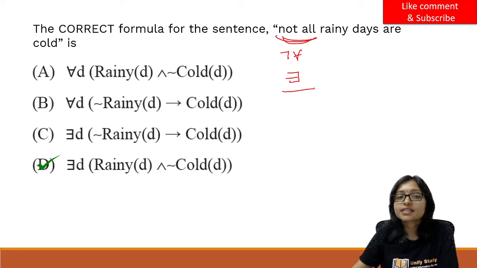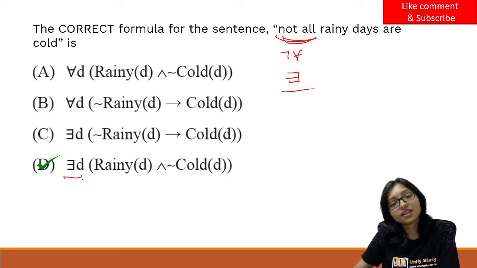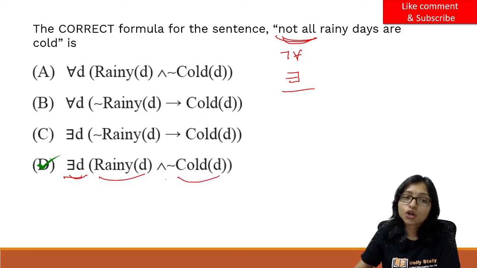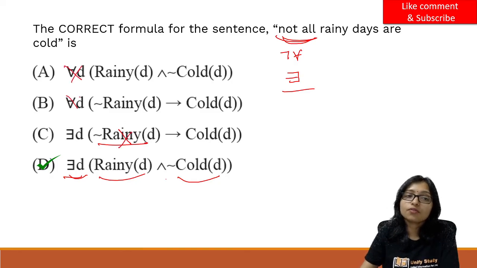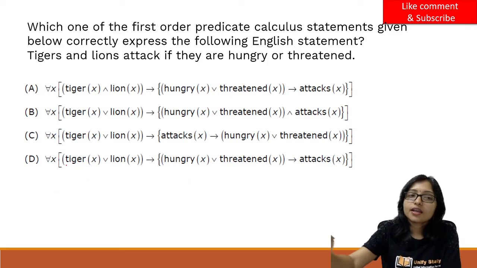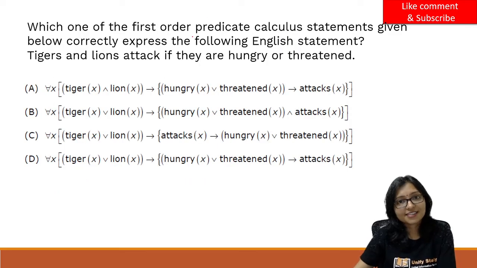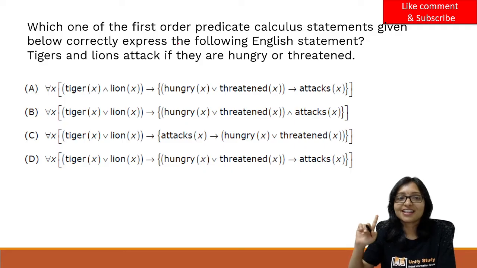So not all means that will be there exists. And whenever I am telling there exists, then it is a rainy day and it's not cold. You are telling here it's not a rainy day, it is not correct. Here I am telling for all, it's not correct. This is the correct one. Now the next one. Do this. Very carefully understand it.